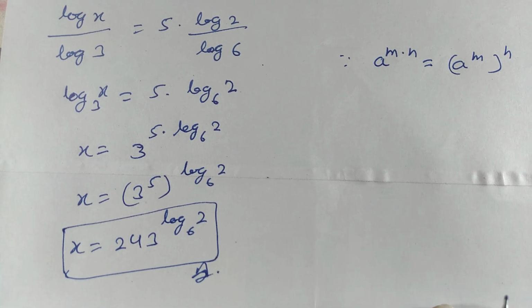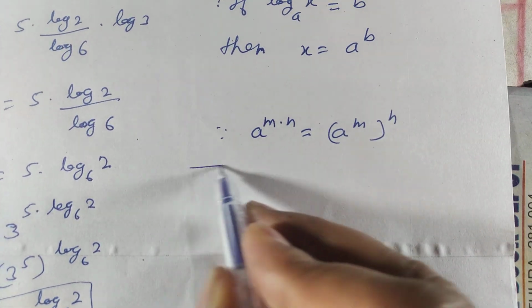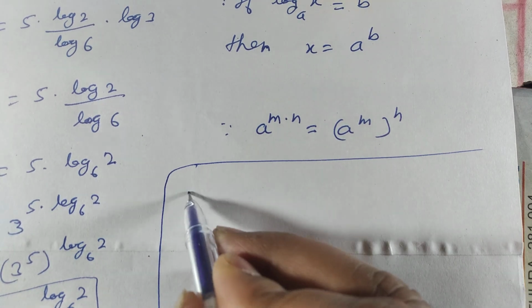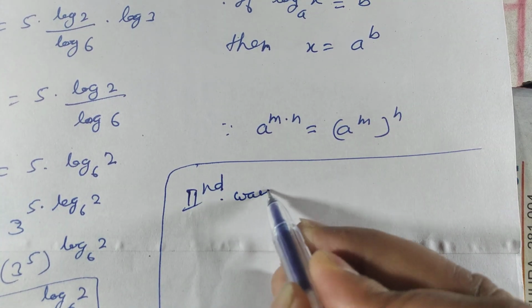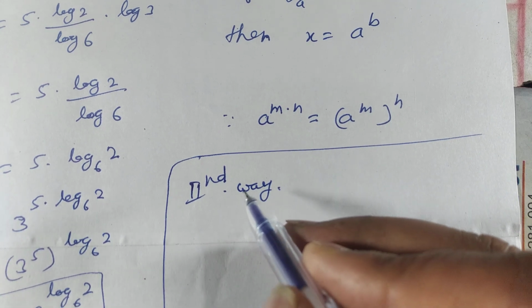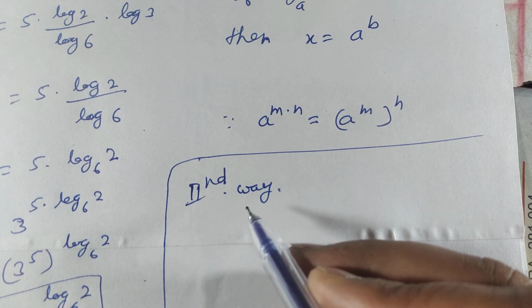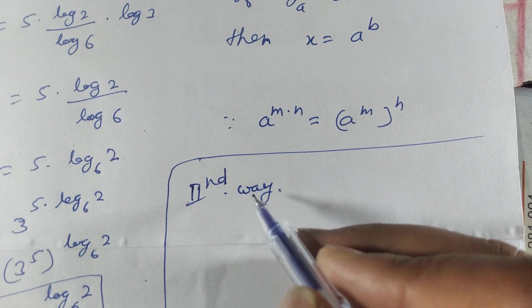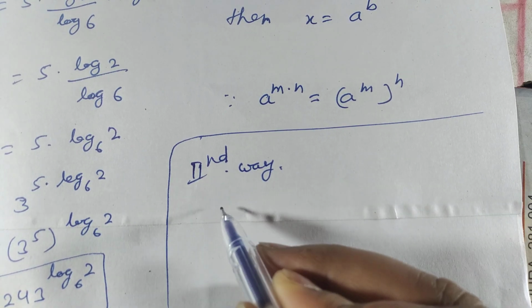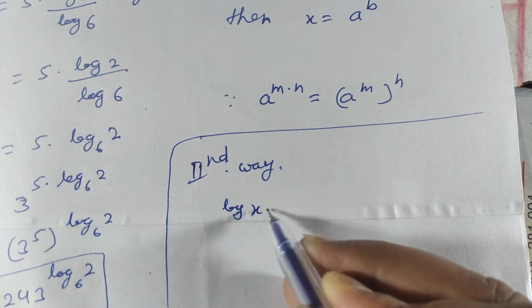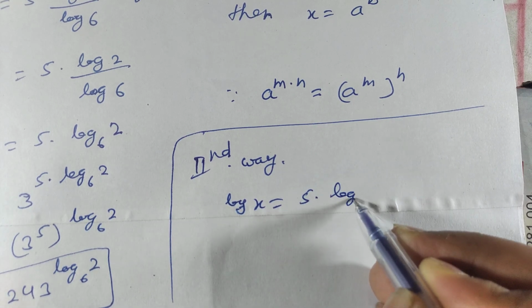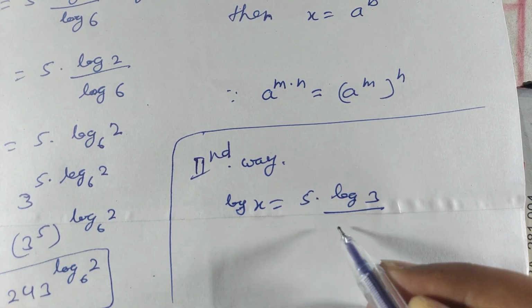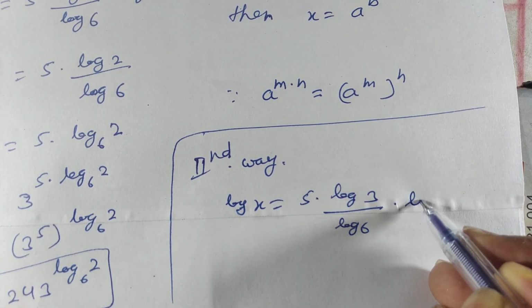And another way, the second way: log of x is equal to 5 times log 3 over log 6 into log of 2.